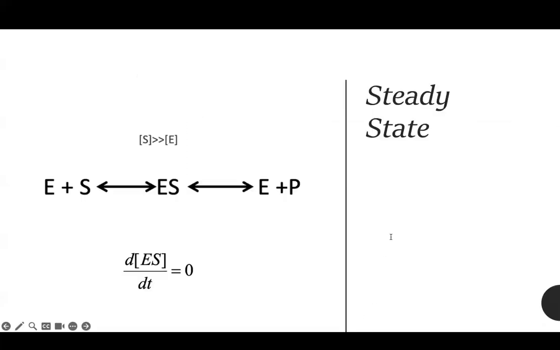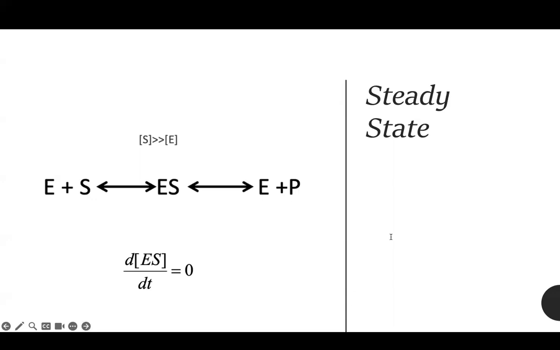This then transitions us to steady state kinetics and the assumption that the formation of product is a two-step process and that the enzyme substrate complex formation will be at equilibrium. So if we assume that we have a lot more substrate present than enzyme, we have enzyme concentration and substrate concentration, and those two form the enzyme substrate complex, which then reacts in turn back to enzyme and substrate.